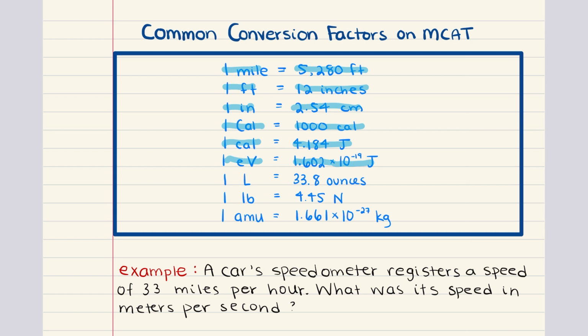This is commonly used in physics to describe the energy of particles or photons. We also need to know that 1 liter is equal to 33.8 ounces. 1 pound is equal to 4.45 newtons. And 1 atomic mass unit is equal to 1.661 times 10 to the minus 27 kilograms.